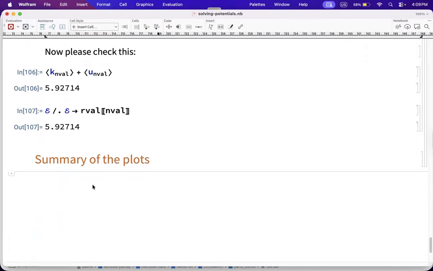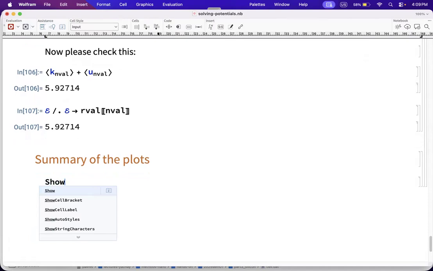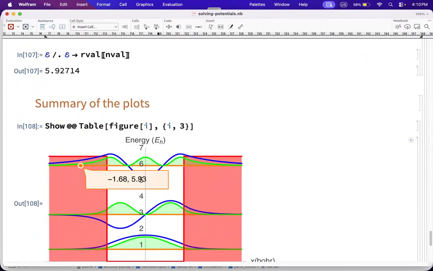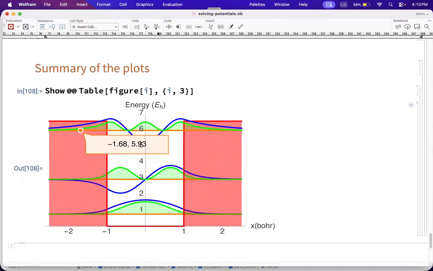And here just put this, show table, figure. Okay. Now I'm going to pause this here.